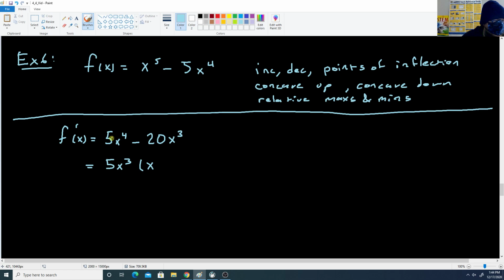So 5 comes out, 3 of the 4 x's come out, the other one's behind. We'll have minus 4, because 5 comes out of 20, leaves the 4. And the whole x cubed came out. So this is our first derivative. For our critical points, this is never undefined, so we just need to set this first derivative equal to 0, and that'll tell me x equals 0 and x equals 4. These are my critical points.